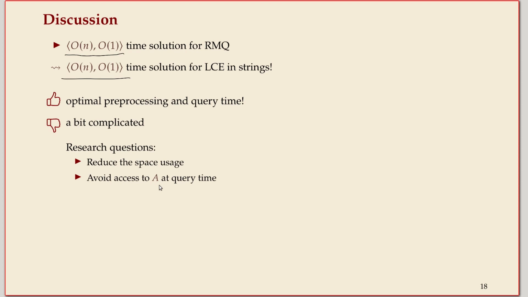And you can still answer range-min queries in the way we defined them, but you don't need access to that data, which apart from being a fundamental question, how to do that, might also be cute from, I don't know, a data protection point of view. You can give this data structure away to another person, but you can prove that they will never get access to the actual values in the array. They can only ever answer range-min queries.